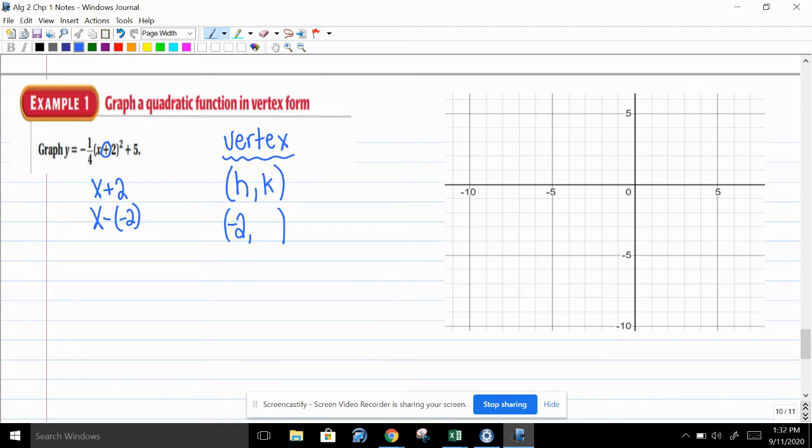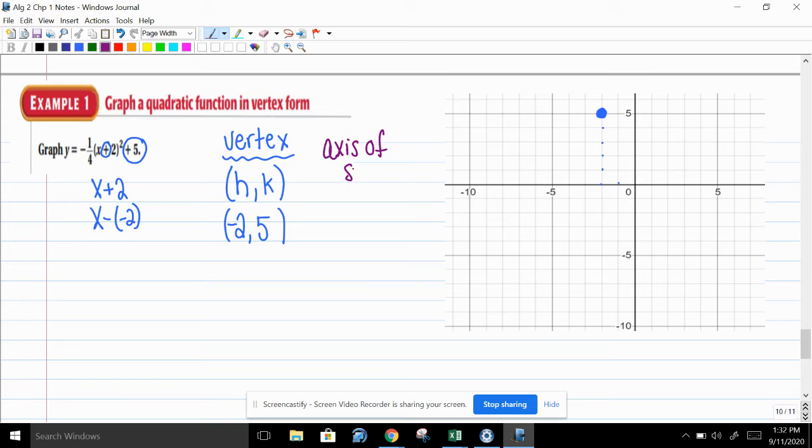You guys just have to remember when it's positive, you actually take the opposite and you make it negative. So the x coordinate of my vertex is negative 2. The y coordinate of my vertex is whatever k is, in this case 5. So your vertex is 2 left, 1, 2, 3, 4, 5 up. There's my vertex.